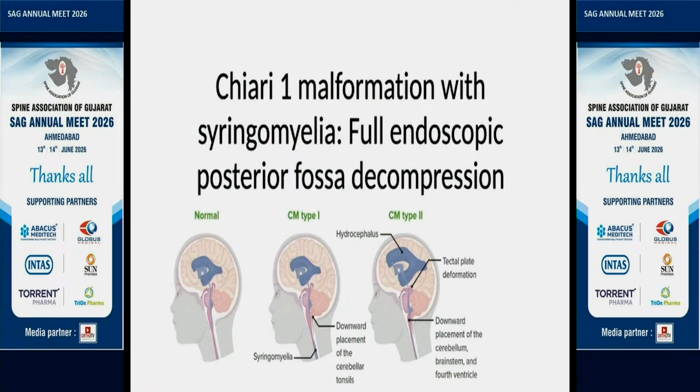As you all know, Chiari I malformation with syringomyelia, its full endoscopic posterior fossa decompression is my presentation. You know there are two types of Chiari malformations. One is type 1, with downward placement of the cerebellar tonsils, whereas type 2 has deformation of the tectal plate and also placement of the cerebellar brainstem at the fourth ventricle.